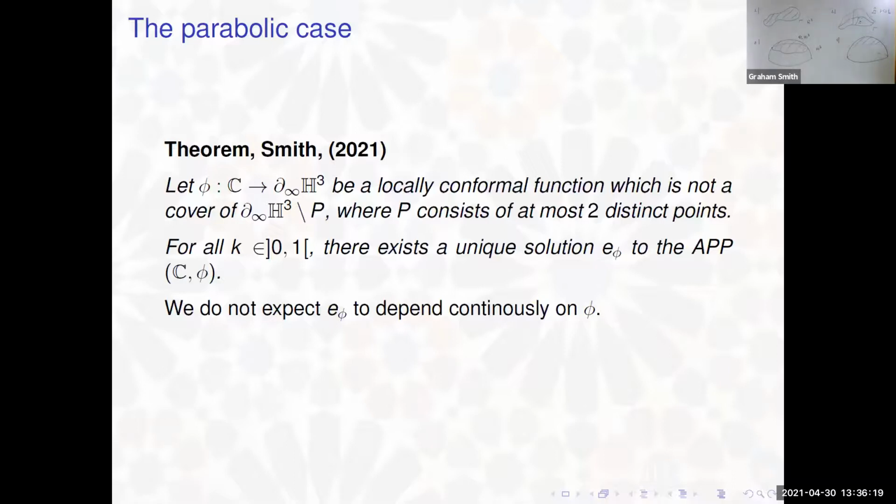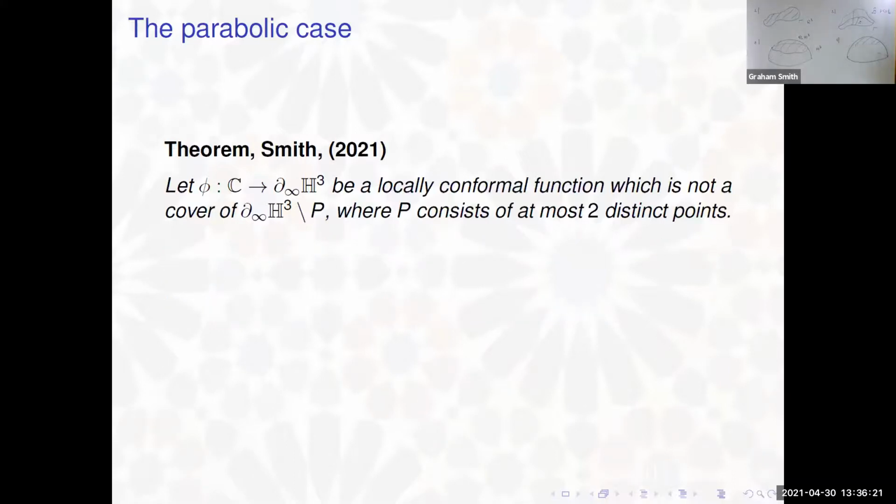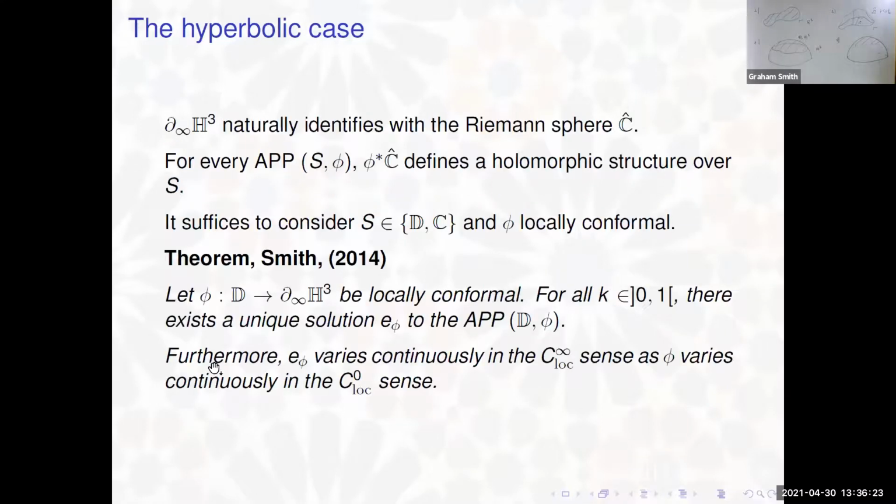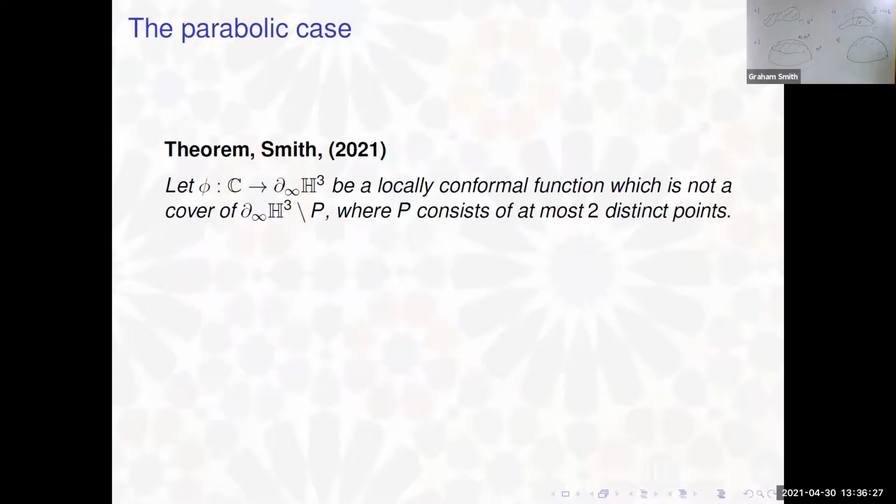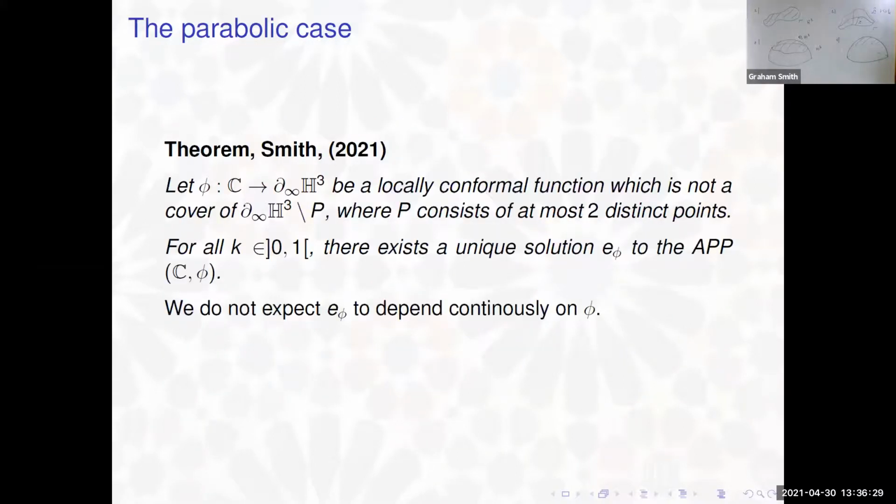Now, it's interesting to compare this parabolic case with the hyperbolic case, because in the hyperbolic case, we don't just have existence, we have continuous dependence. But the technique of proof of the parabolic case does not actually give you continuous dependence.